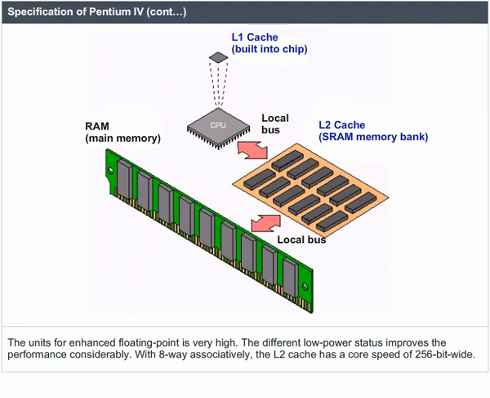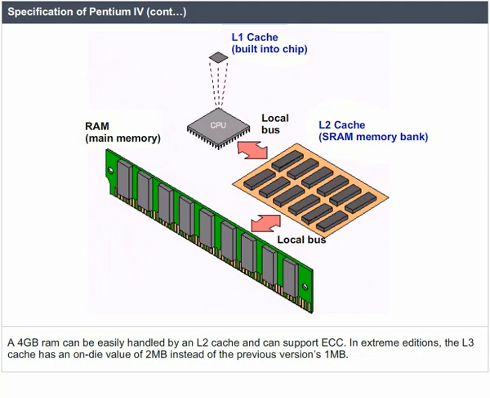With 8-way associativity, the L2 cache has a core speed of 256 bit wide. A 4 GB RAM can easily be handled by the L2 cache, which can support ECC. In extreme editions, the L3 cache has an on-die value of 2 MB instead of the previous version's 1 MB.